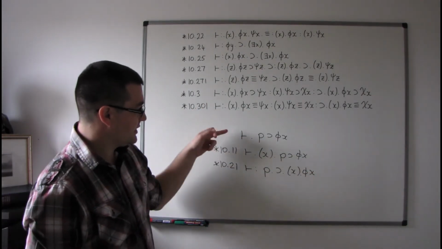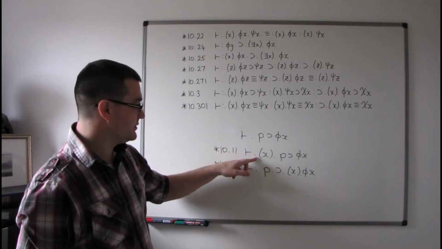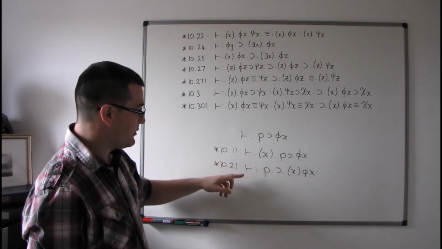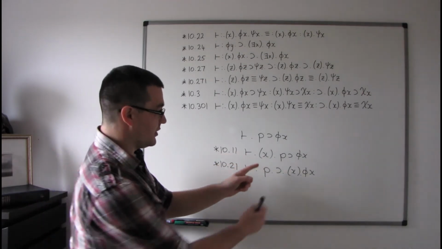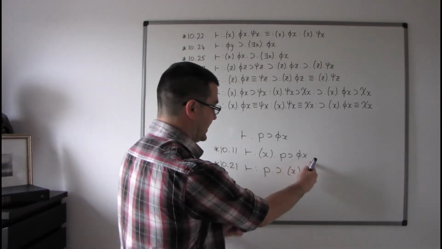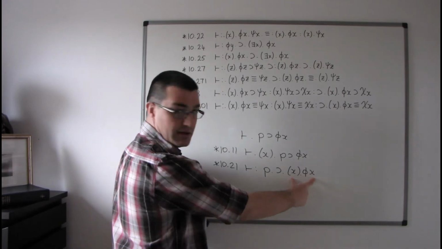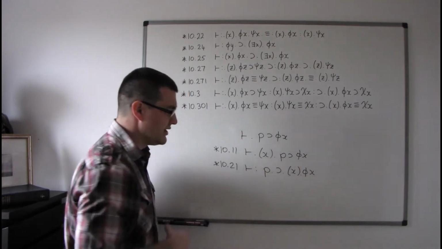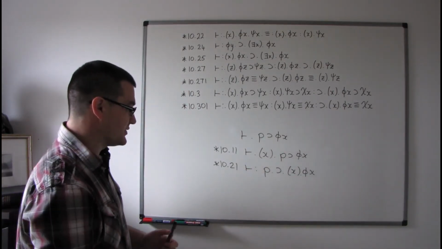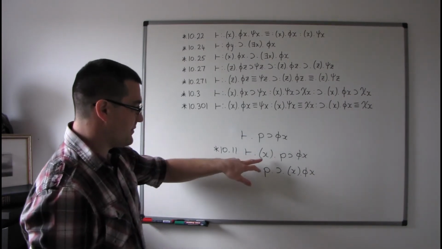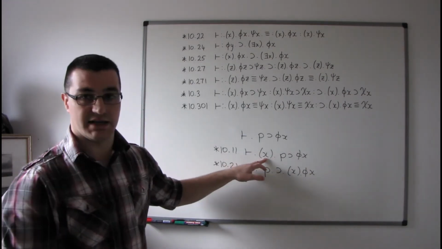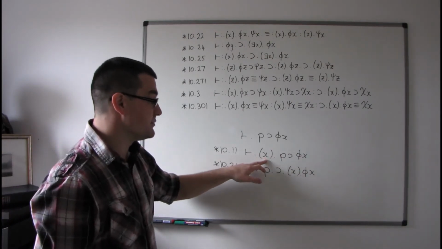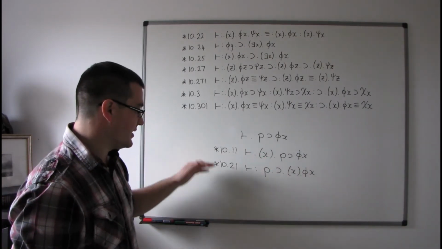So we can introduce an apparent variable using 10.11, and then we can change the scope of the apparent variable from the whole of P implies phi x to just the phi x if we want to. There's all kinds of variations on this as well, so sometimes it might be that rather than having P implies phi x always, I end up with P implies phi x sometimes, and I can do a similar thing with that.